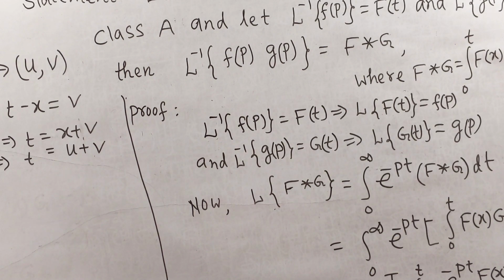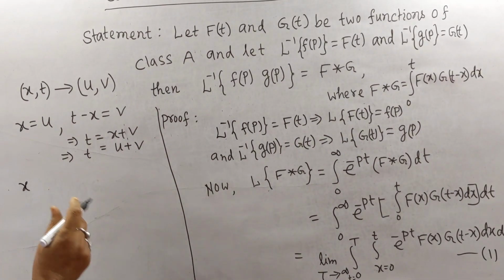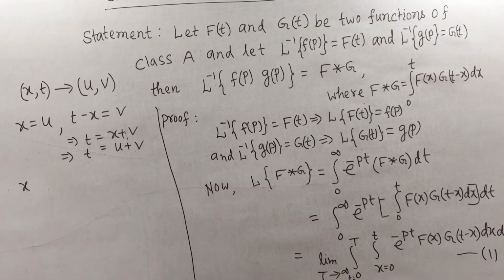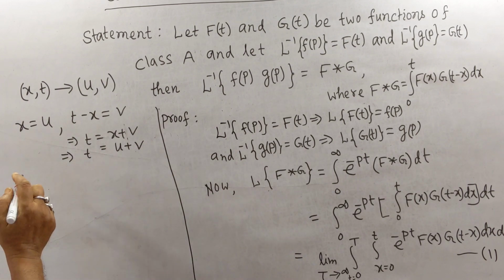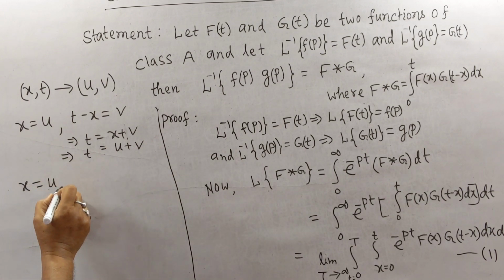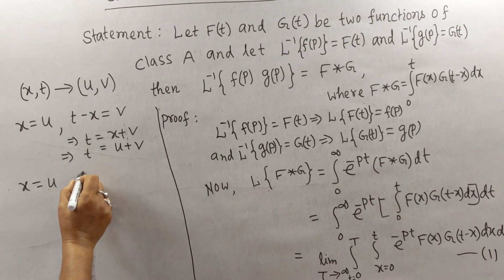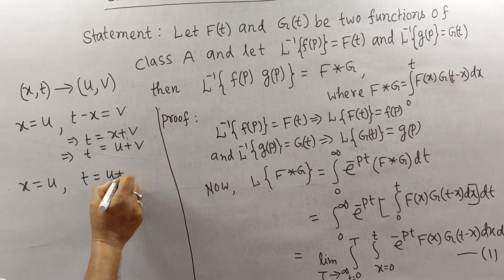So we get relations from one set of variables to another set of variables, x equal to u and t equal to u plus v.